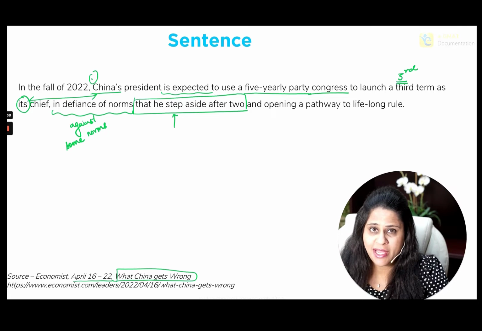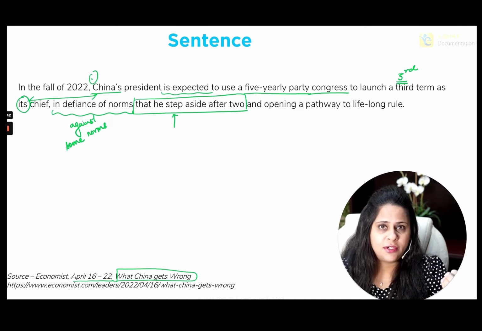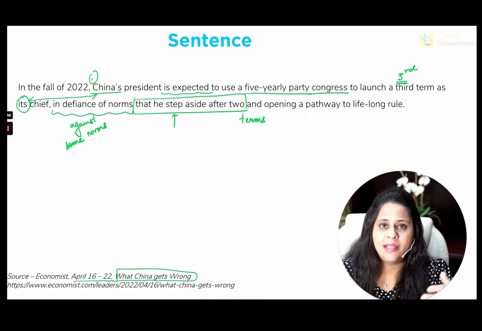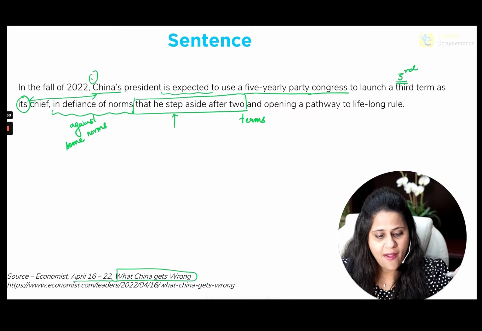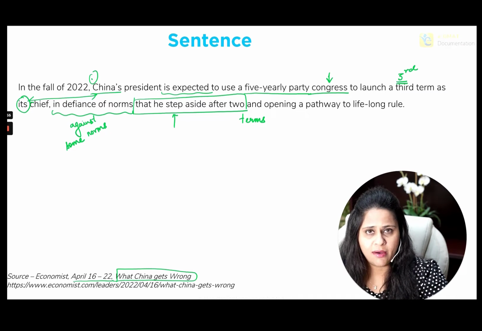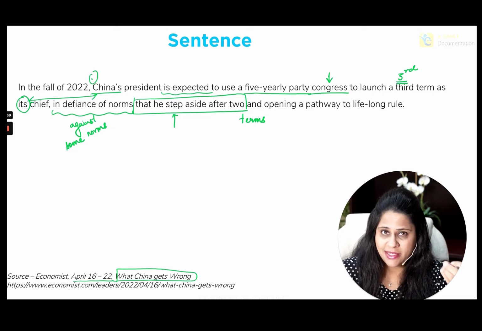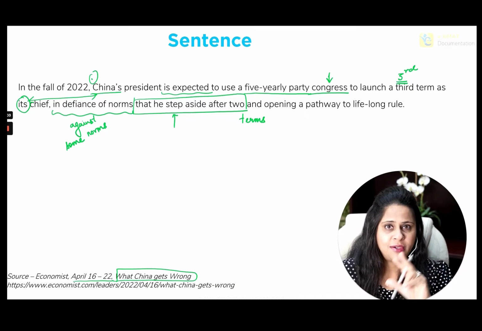What typically accepted thing is that he step aside after two terms, right? Obviously, we are talking about the number of terms that China's president can serve as the president. So using this government entity, Congress, he wants to launch a third term as China's president, but that is against the norm. So what is the norm? The norm is that he should just serve two terms.